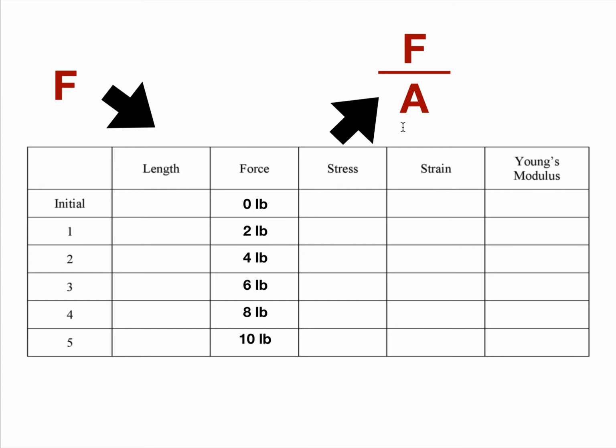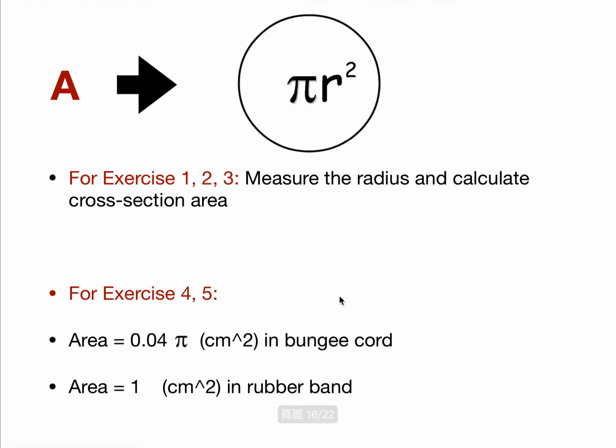And then I'm going to calculate the cross-section area for you. So you use force divided by cross-section area. You'll get a stress, and put it in this column. How do we calculate cross-section area? Remember this equation, pi r squared. R is the radius of this circle.